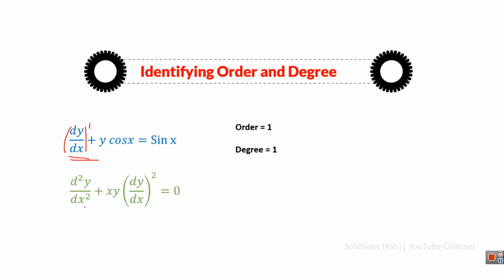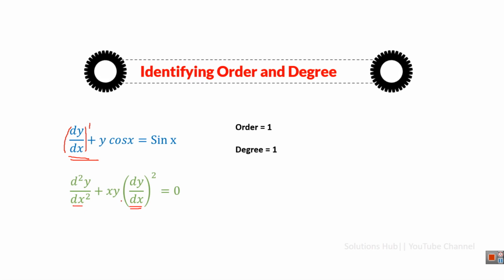Here we have two derivatives involved in this equation. This one is the first derivative of a variable y with respect to some variable x, and this is the second derivative of y with respect to x.